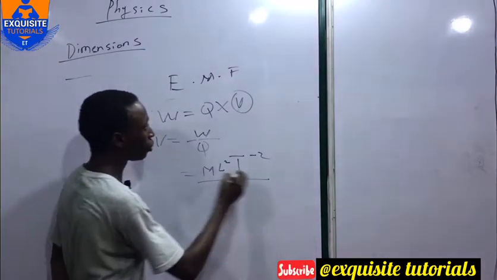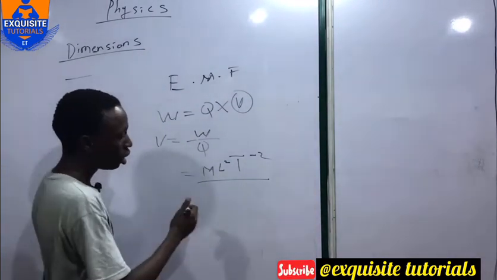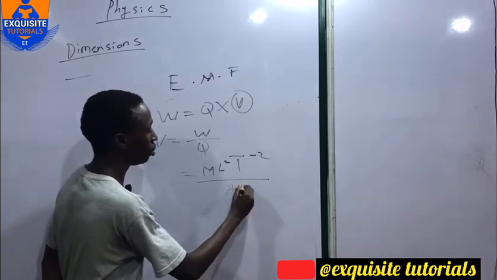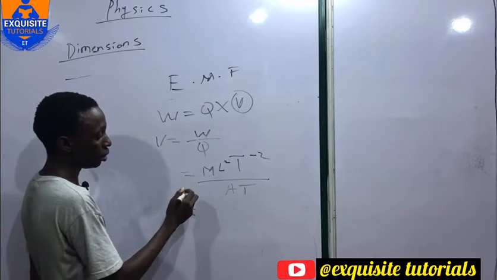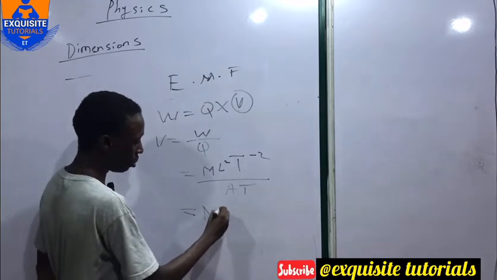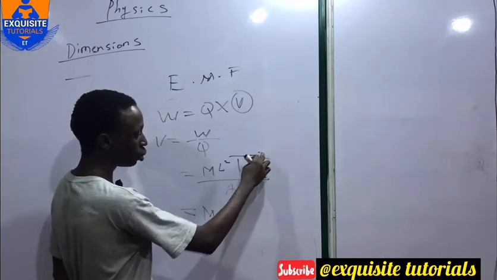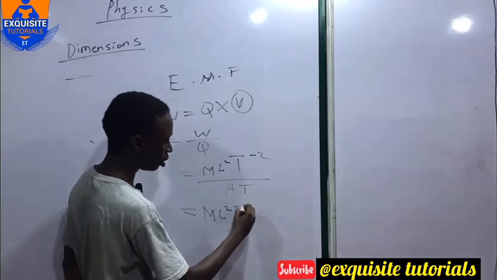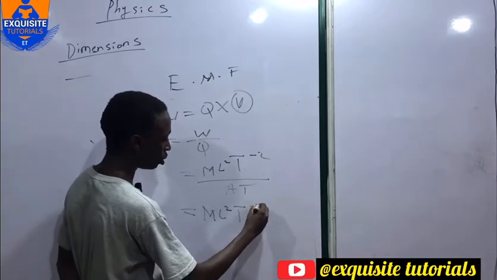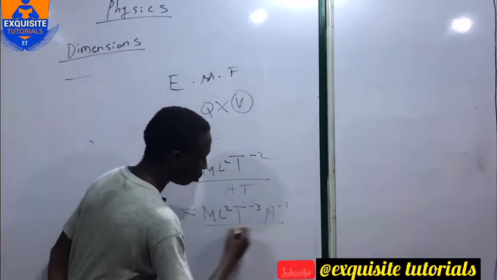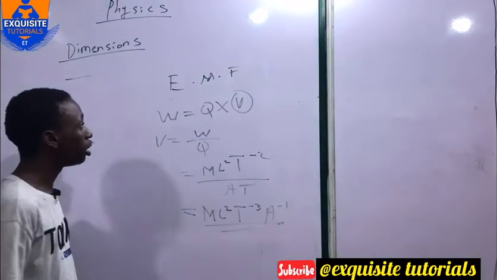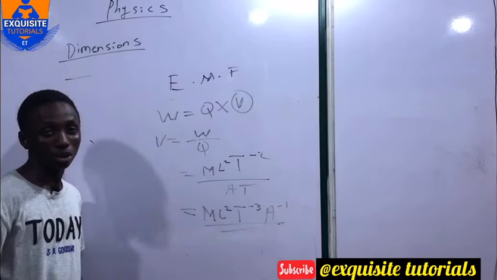The dimension for Q we already proved a while ago to be AT. So what we have to do is divide. That will be ML squared T minus 2 over AT, which is ML squared T minus 3 A minus 1. This is the dimension for electromotive force.